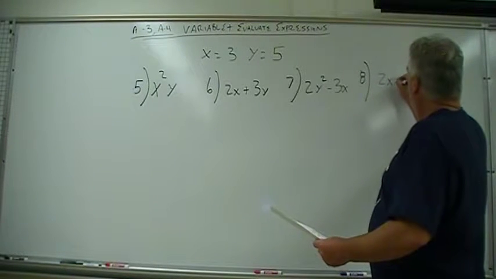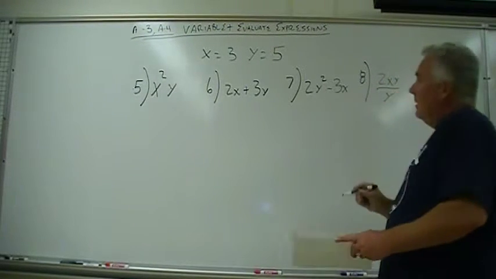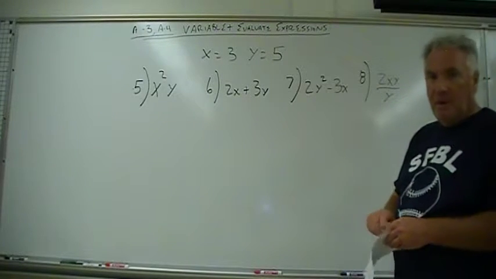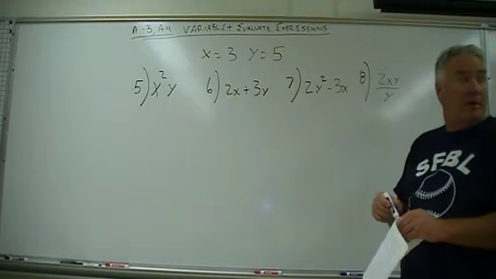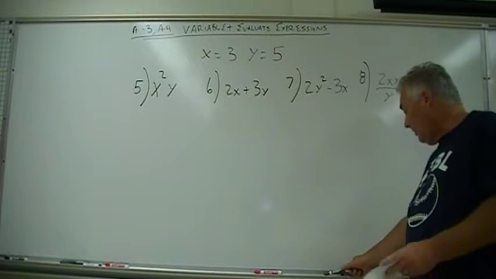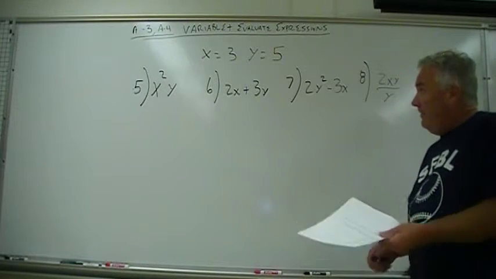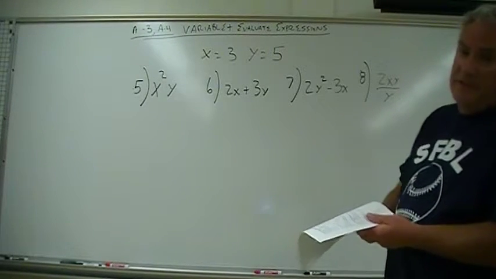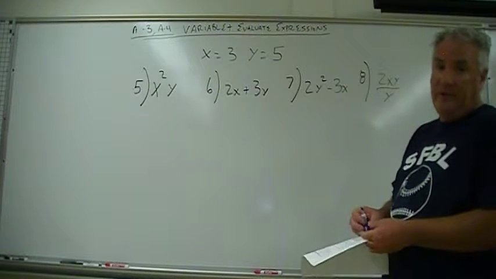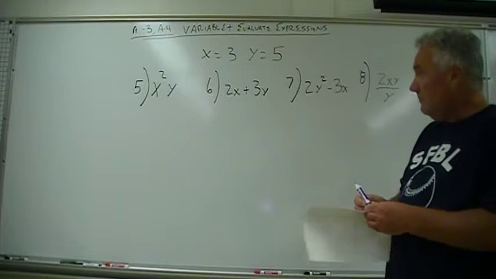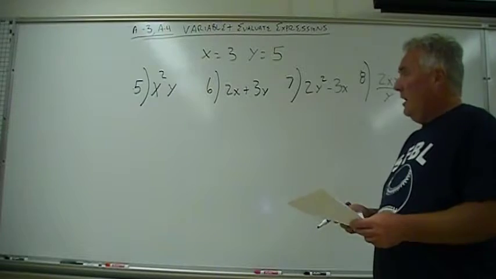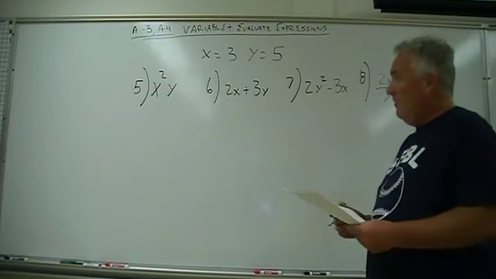Okay, so those are the next four teaching problems that we have. And for all of them, x is going to equal 5 and y is going to equal 3. And so we will plug in and we'll go from there.